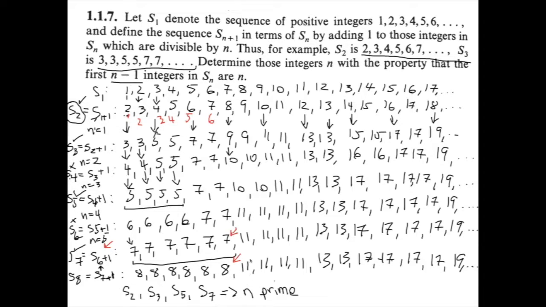And so I think you'll find that this pattern is going to hold true for 11 and for 13. So if you look at 11, let's count them. 1, 2, 3, 4, 5, 6, 7, 8, 9, 10. So there's n minus 1 increments before we finally increment the 11.